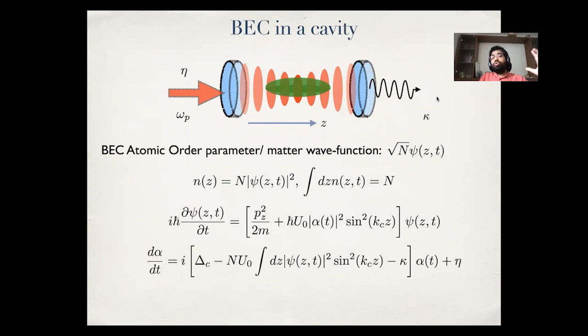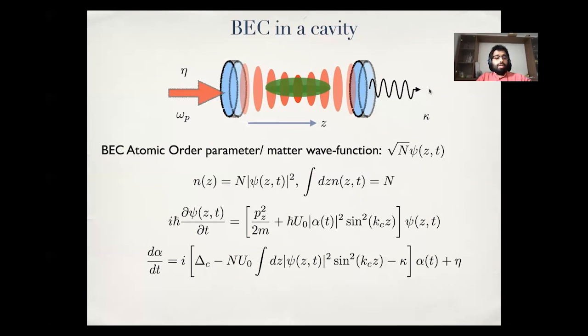Okay, so these two features, that you get truly interesting coupled dynamics between light and atoms, as well as you can use light as a probe to study the atoms. These two things make the study of Bose-Einstein condensates in a cavity a very interesting field, with many interesting open questions and many interesting follow-up questions, some of which, like many people, I'm looking at as part of my research.